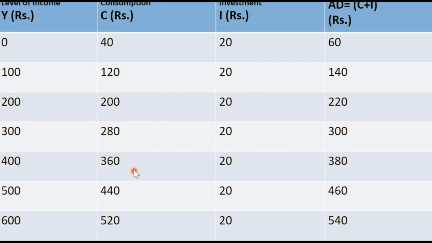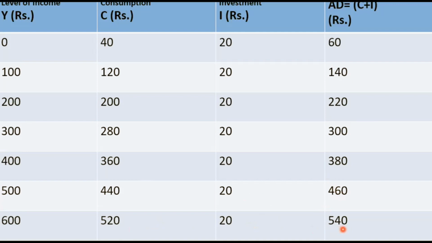Next, 360 consumption, investment remains the same, that is 20, and aggregate demand is 380. Next level, consumption is 440, investment remains constant, that is 20, and AD is 460. At the last level of income 600, consumption is 520 and investment 20 and AD comes to 540.